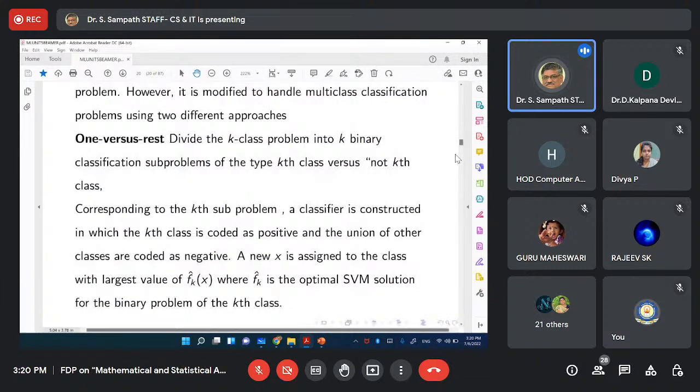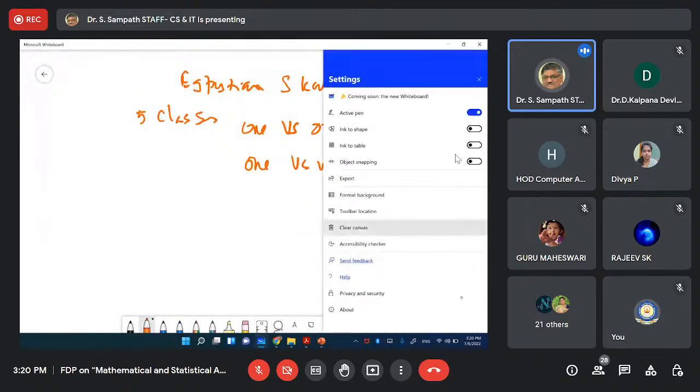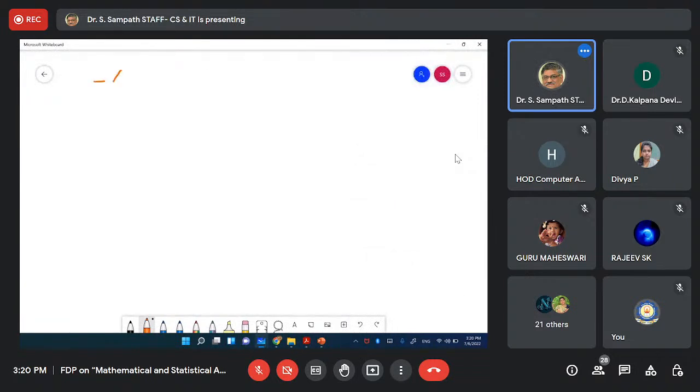Now you divide a K class problem into K binary class sub-problems. For example, if you have some time periods like minus 4,500, minus 3,000, minus 300, and something like 500 and 1,000, whatever it may be.